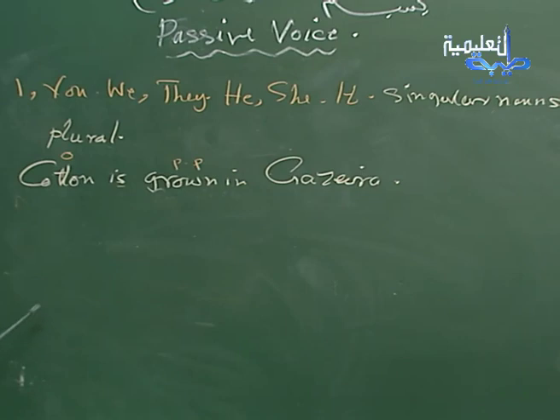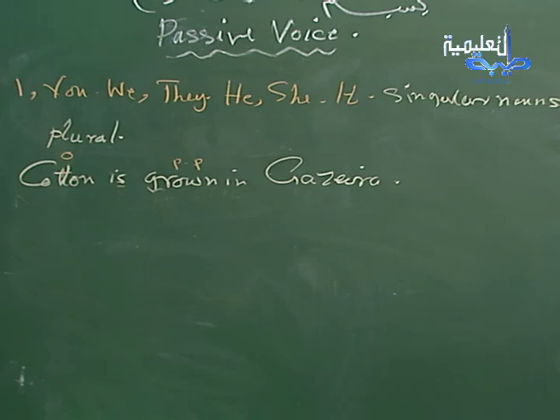This means that this sentence is a passive in the present simple. How do you know that? Because there is an is, and after is there is a past participle. There is object, is, and past participle. We say that in the present simple, the rule is object plus is or are plus past participle. Because cotton is an uncountable noun, after it there is is, and then the past participle of grow.